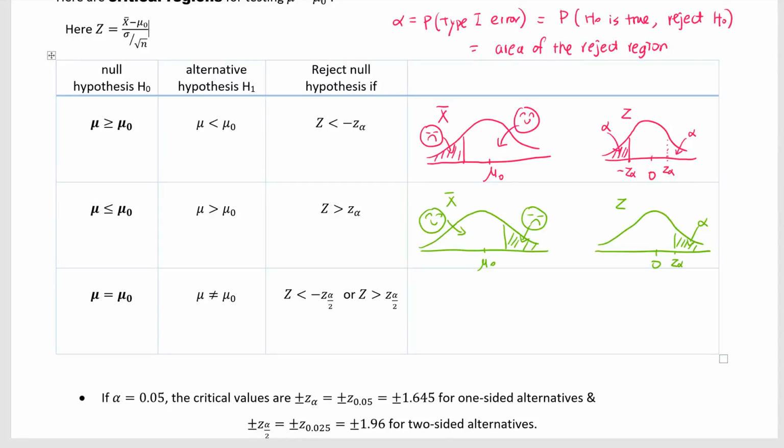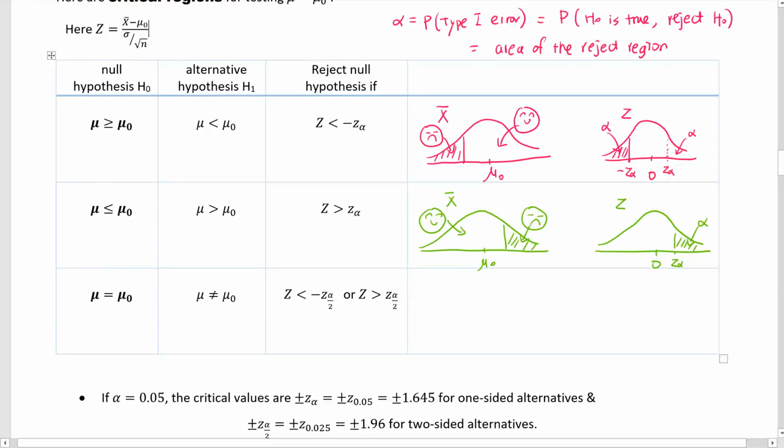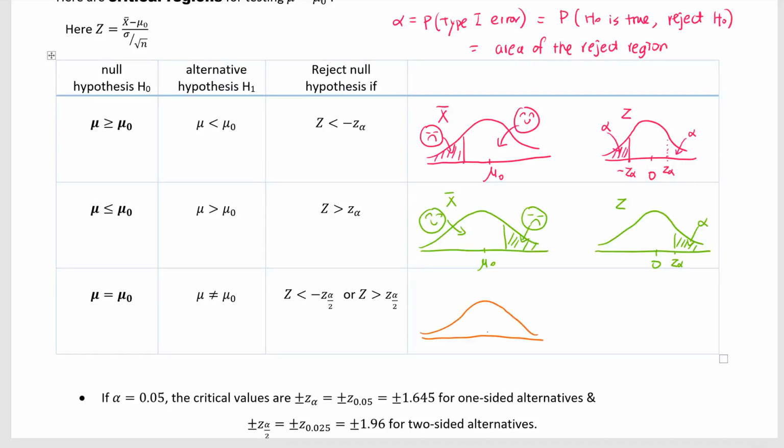Okay, how about the third one? For the third one, let's use orange. We draw the picture. This is mu 0. This is 0. Here the null hypothesis is mu exactly mu 0.